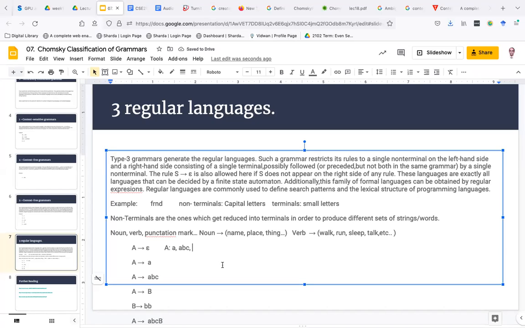How? Now A can be BB, A can also be ABCBB, then A can again be A can further. What else can A be? And what else can it be? A cannot be anything. Can it be more than this thing which I have written in terms of set? Yes or no? Hello. What did I do here? I have just written this A here.